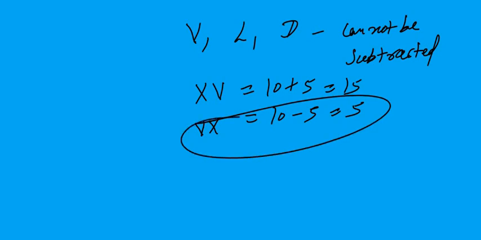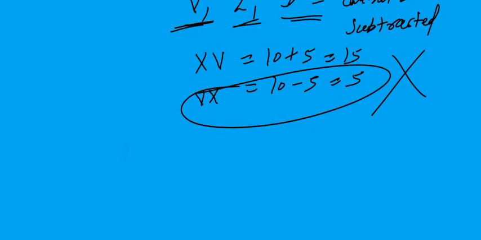No, it is completely wrong, because V, that is 5, L, that is 50, and D, that is 500, cannot be subtracted. Only 1, 10, 100 and 1000 can be subtracted. So multiples of 10 can be subtracted. You have to remember this is the fourth rule: V, L and D cannot be subtracted.